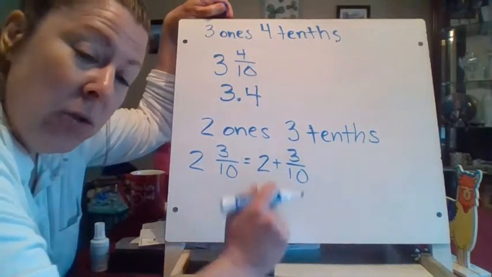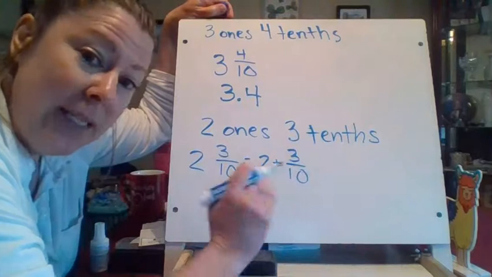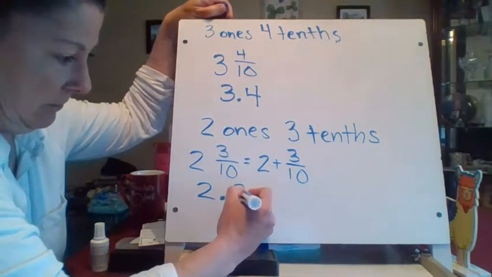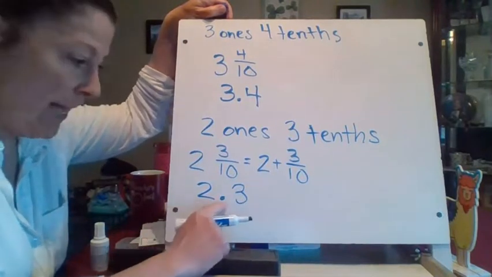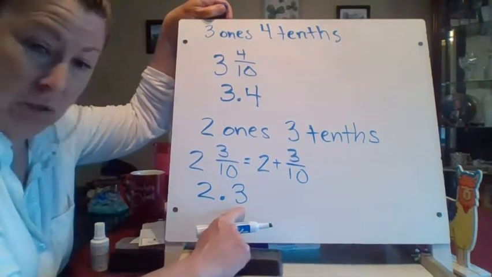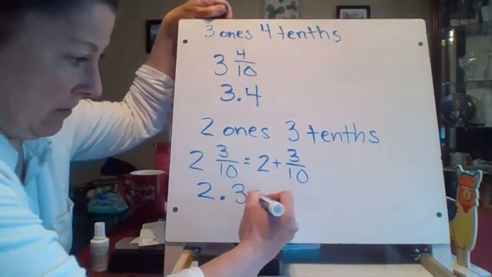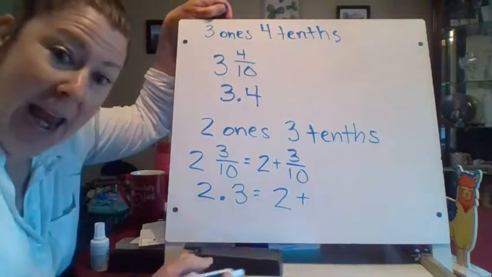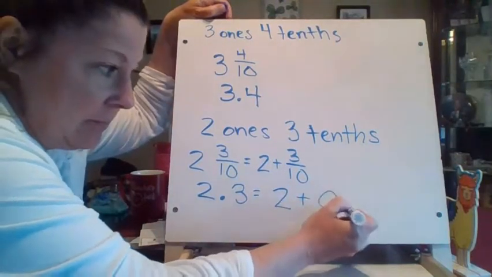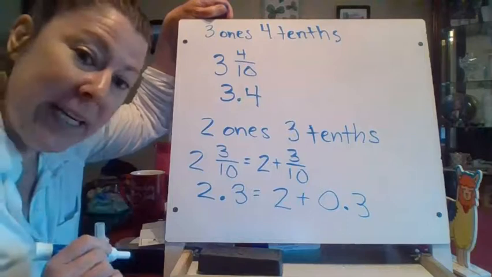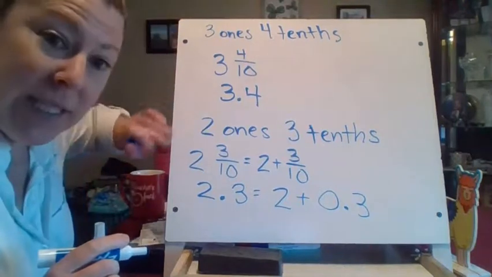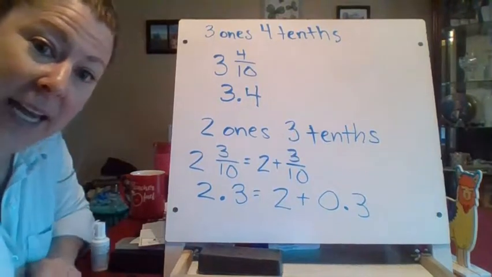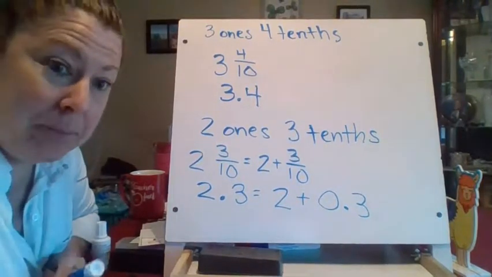But now I can also do the same thing with my decimal. 2 and 3 tenths, which is equal to 2 and 3 tenths. You will see things like that on your online lesson and also in your packet.